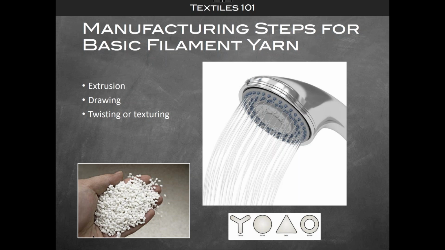Then the next step is drying and then twisting or texturing. Also at the bottom of the screen here, you can see the different cross-sectional shapes that I've been describing. So you can see how a trilobal yarn shape would look versus a round, delta, or hollow.